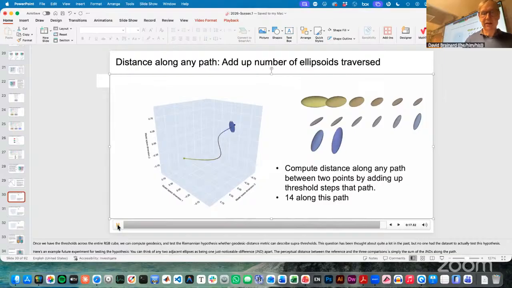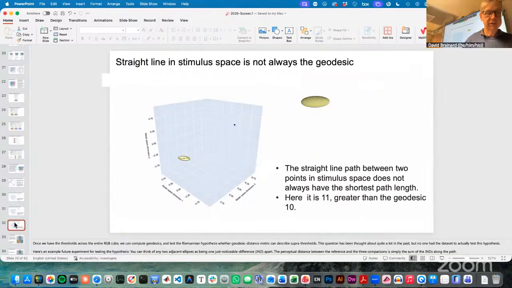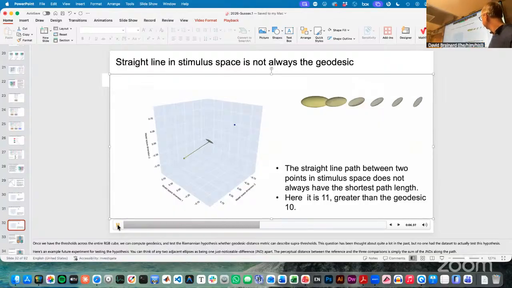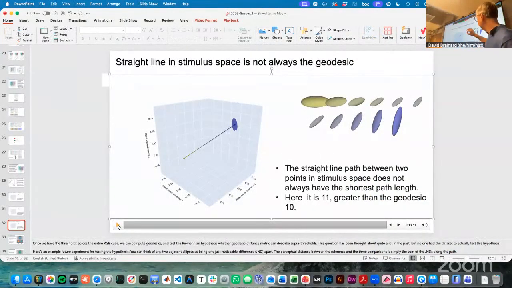And we can do one more. This is now the straight line. If I take the straight line in the monitor gamut and do the same adding up, the geodesic one was 10 in terms of number of thresholds, because it takes a slightly more meandering path to avoid places where crossing the thresholds are really small and you build up more of them. So that's the idea of geodesics in videos.